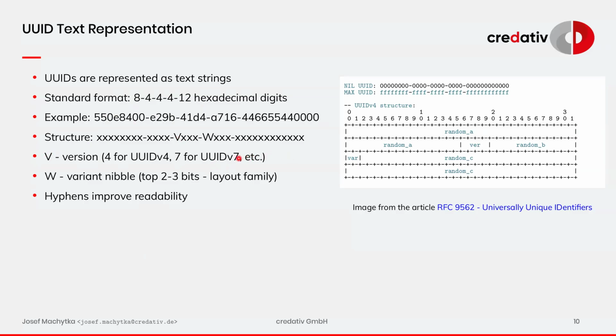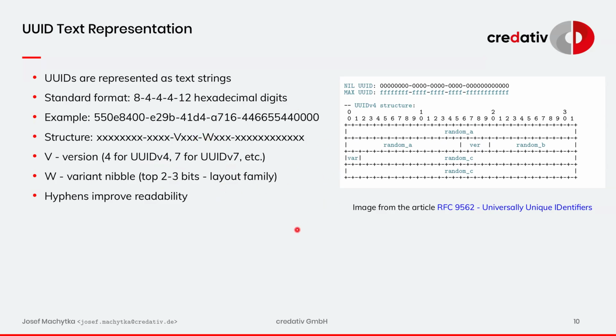So here we will really see a number 4 or number 7 or other numbers. The first digit in the fourth group means the encoded variant in the top 2 or 3 bits. And those hyphens improve readability.